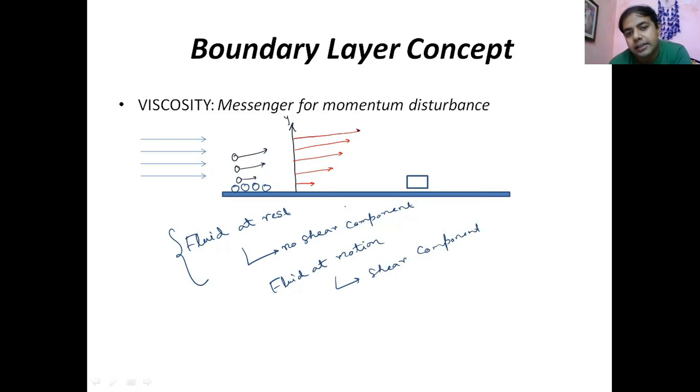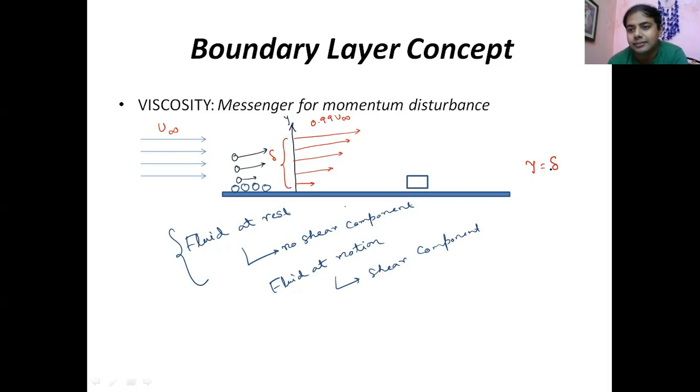After reaching some distance, it will get 99% of the previous velocity. If the previous velocity is u infinity, then after a certain level it gets that 99% of the previous velocity after going a certain distance. That is known as delta. We are talking about the boundary layer thickness.